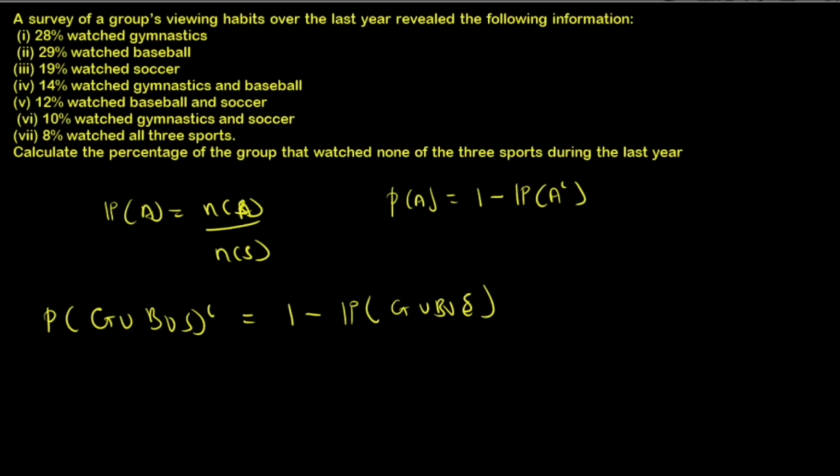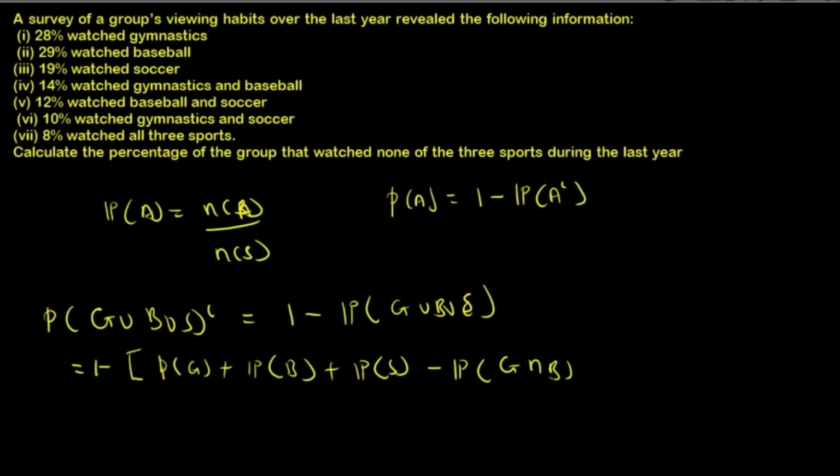From De Morgan's law, we can expand this as 1 minus the probability of G plus the probability of B plus the probability of S, minus the probability of G intersection B, minus the probability of G intersection S, minus the probability of B intersection S, then plus the probability of G intersection B intersection S.